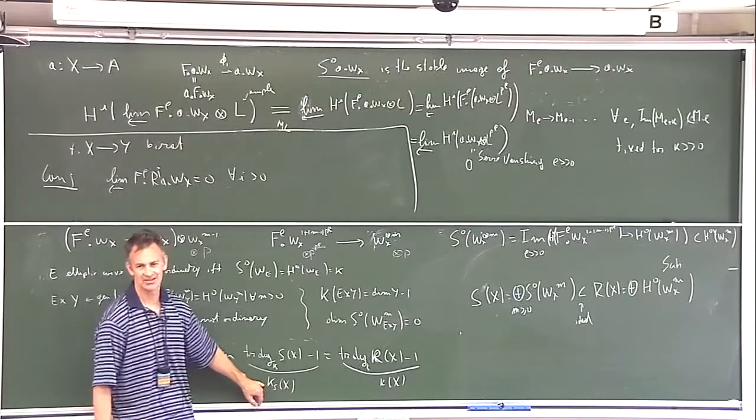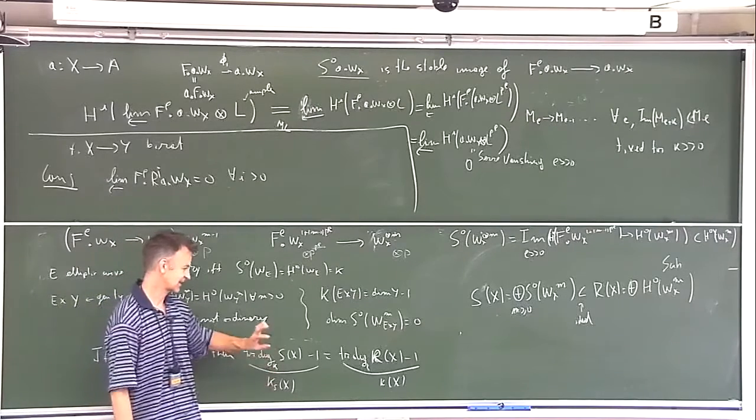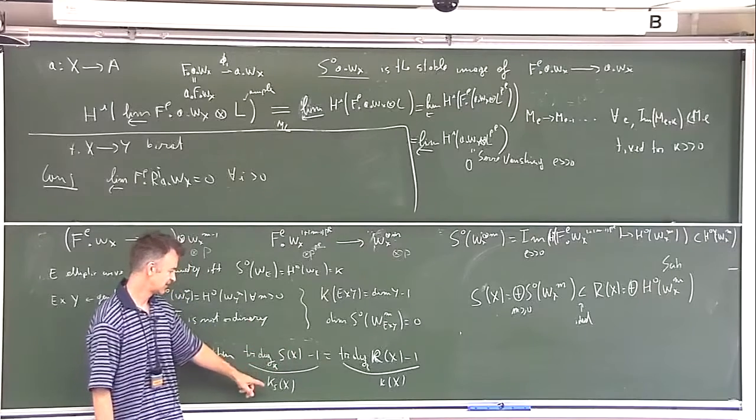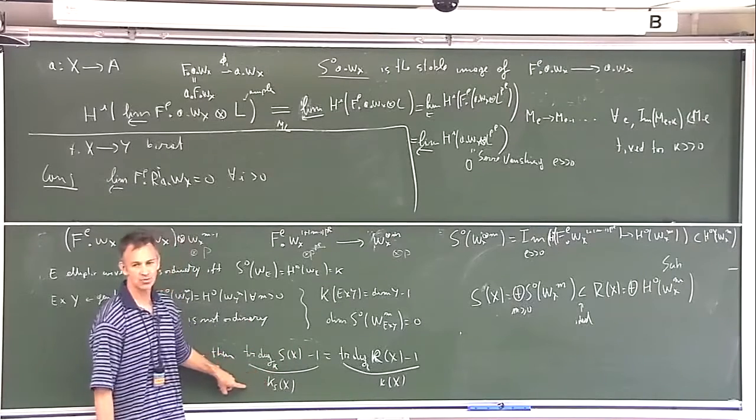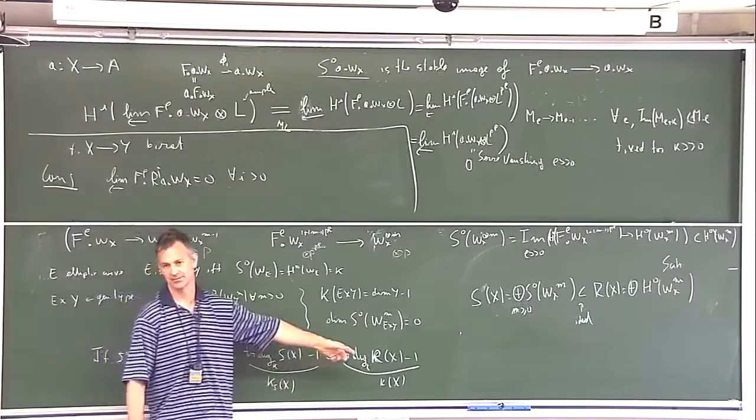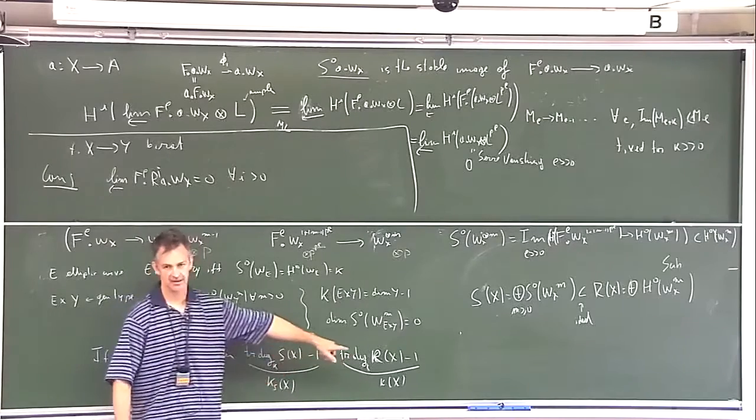Why do I need an extra name for it? It's emphasizing that I'm looking at the Frobenius stable one, and as long as this is not minus 1, then it's the same number. It could happen that this is minus 1 and that's not.